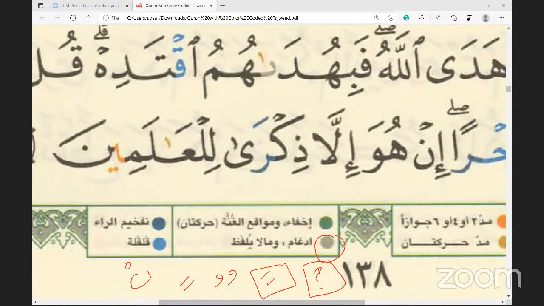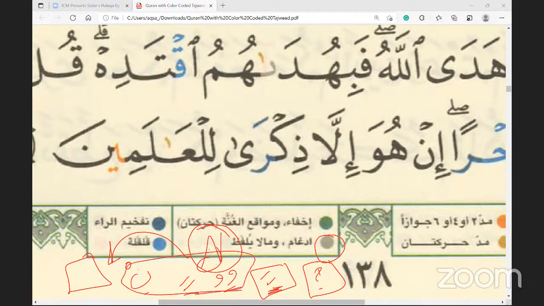In that situation, the N sound of it is gone, and then you would actually connect with the following letter. If the following letter is black, you're going to see it has one rule. If the letter that's following this gray one is green, you're going to see what we're going to do.